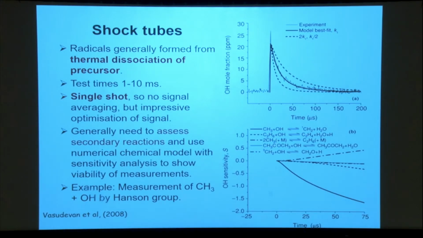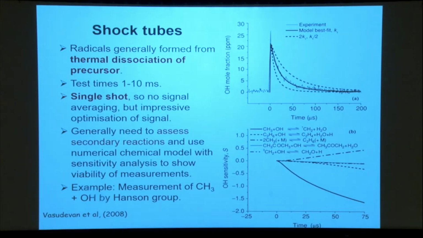This is the reaction of interest. In an ideal world, the whole sensitivity of the OH measurements would be related to that reaction, so we would see zero sensitivity from any of the other possible reactions. But in a non-ideal world, we do see some influence of secondary reactions. CH3 reacting with itself is the highest sensitivity here, but we've got sensitivities from two or three different secondary cross reactions.